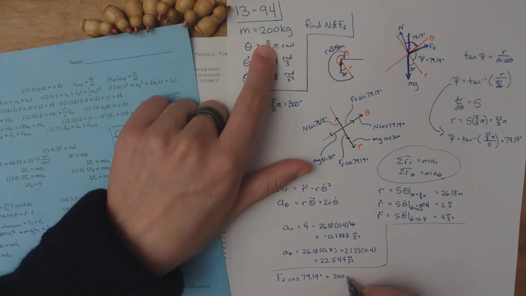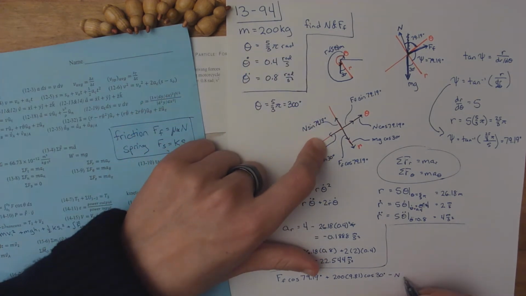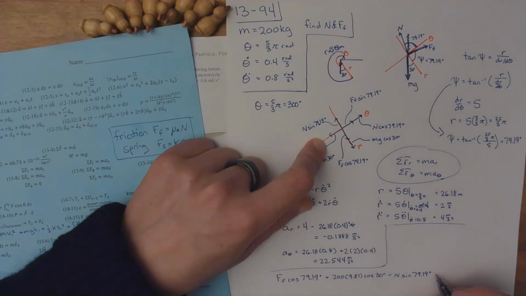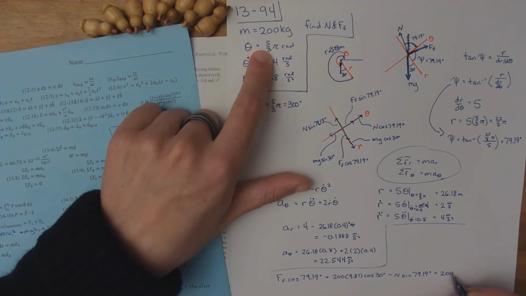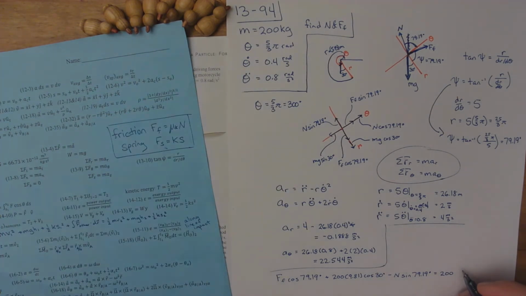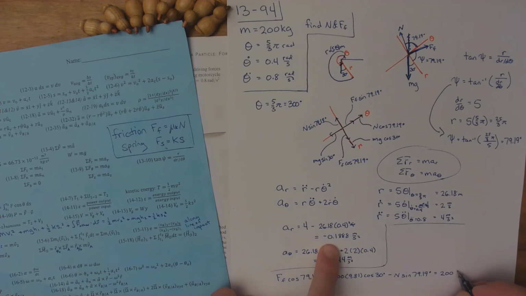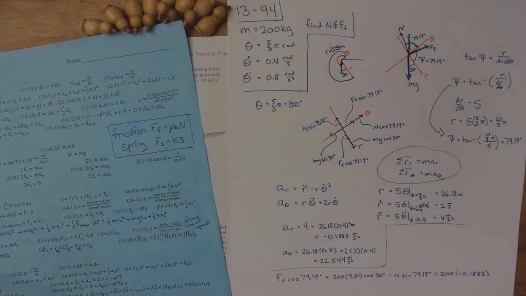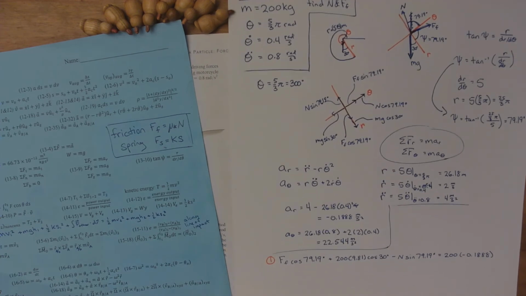So that's 200 times 9.81 times cosine of 30 degrees minus n times sine of 79.19 degrees is equal to the mass, which is 200, times the radial component of the acceleration, which is negative 0.1888. So this is one equation and one unknown. Let's call this equation 1. That came from looking in the radial direction.